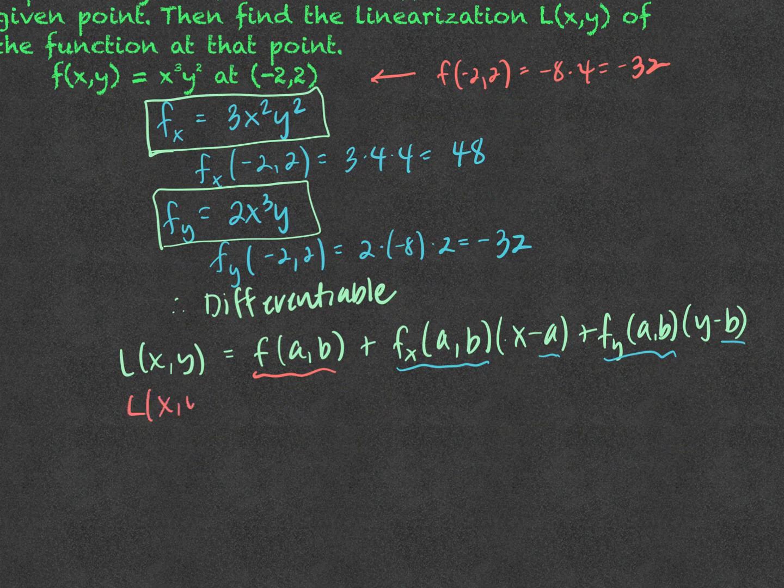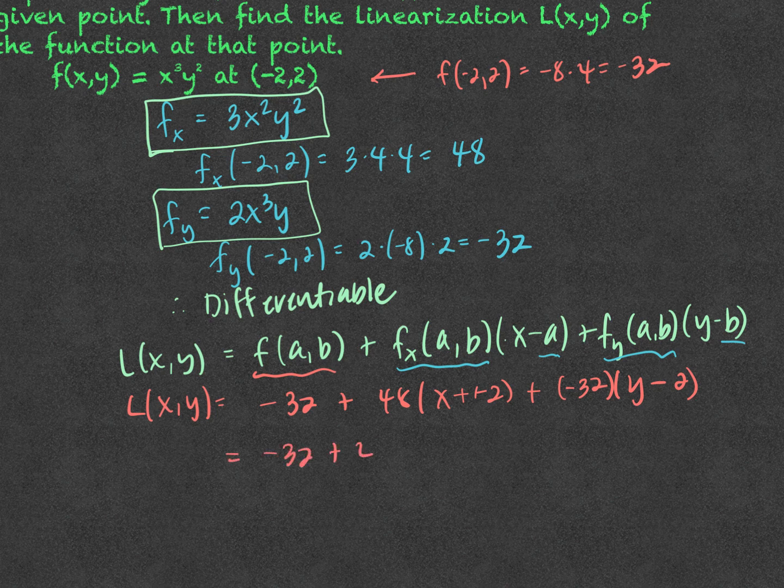So the linearization at (x, y) is equal to negative 32 plus our partial derivative with respect to x at (a, b), which is 48, times x minus negative 2, plus our partial derivative with respect to y at (a, b), which is negative 32, times y minus, and the b value is 2. So our linearization is negative 32 plus 48x plus 96 minus 32y plus 64.